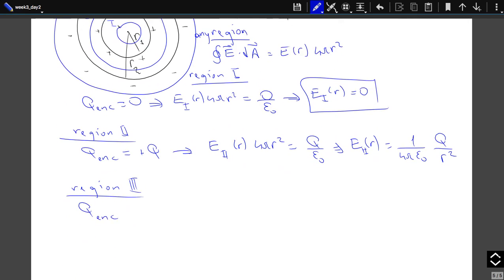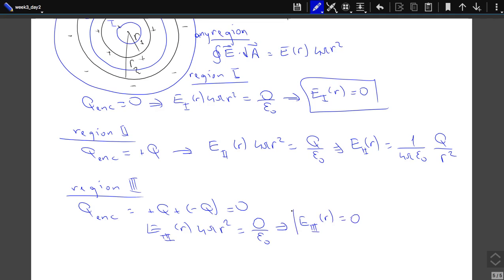So the total plus Q plus minus Q, the total charge is 0. And the electric field in the third region times 4 pi R squared will be 0 over epsilon 0. So the electric field in the third region is again 0.